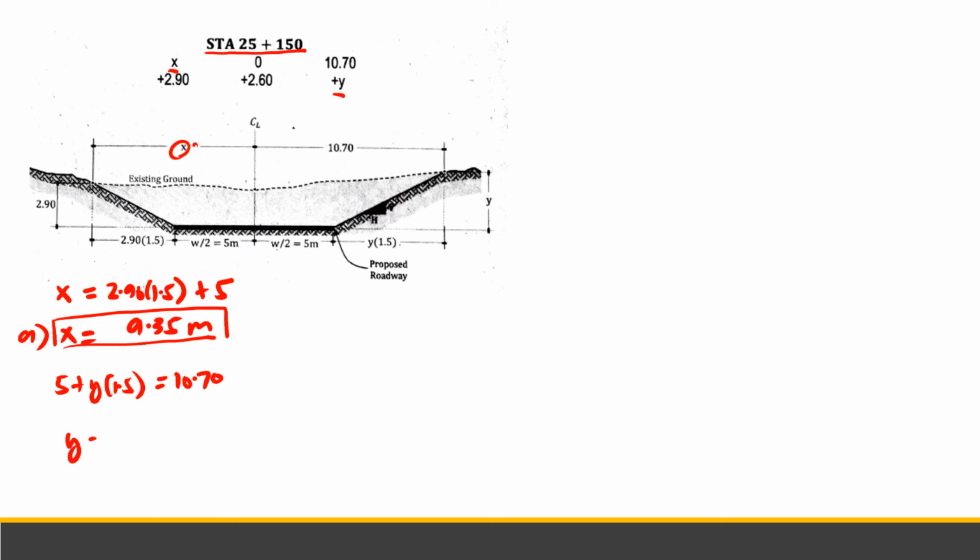So Y is equal to 3.8 meters. So that is the vertical length on the right side.